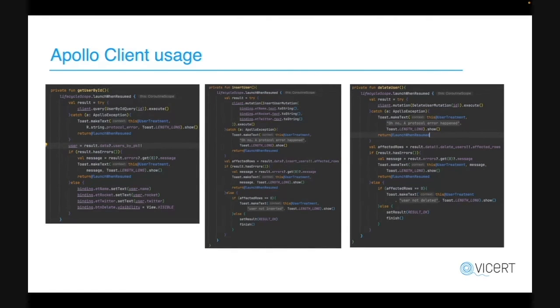So now this method will wait for us to enter the name, the rocket, and the Twitter. And after submitting, it will mutate, because you can see there is a client.mutation and then an insert user mutation class that was automatically generated. The same thing goes for the delete user. We also have a mutation that does all the delete work.